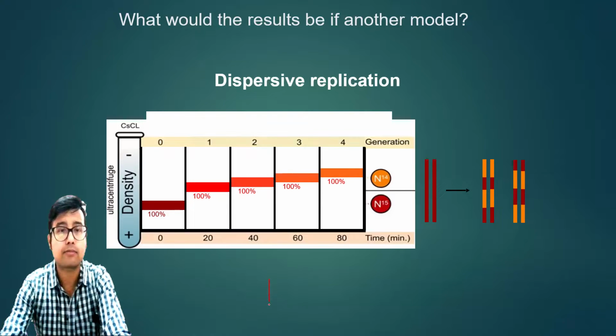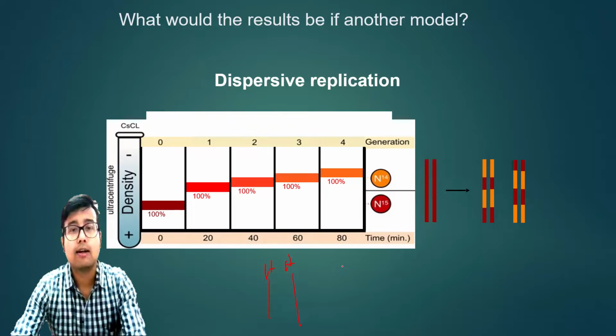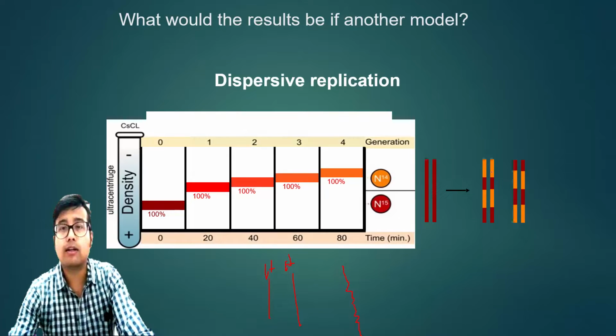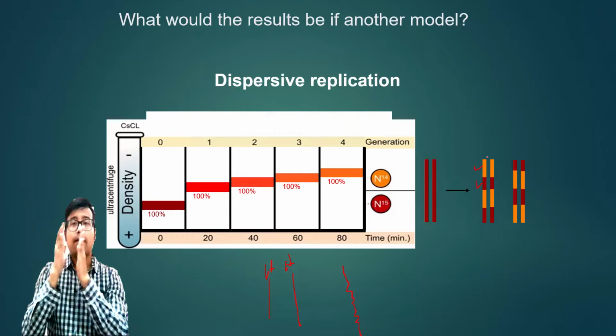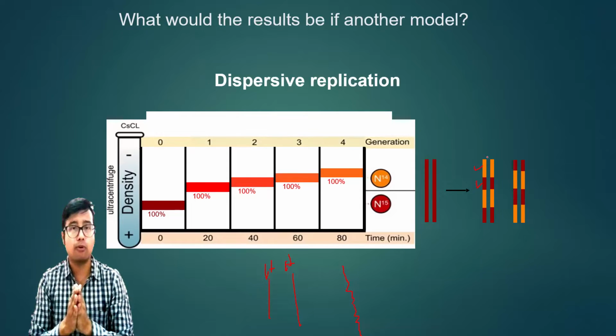Correct? If this one is heavy, what will happen? Heavy and light, like that. Considering the red as heavy and the yellow as light, each strand breaks and then we get a band. We should have got a band that is in between 15 and 14.